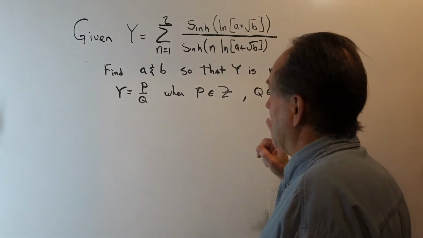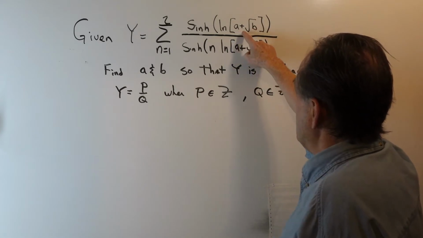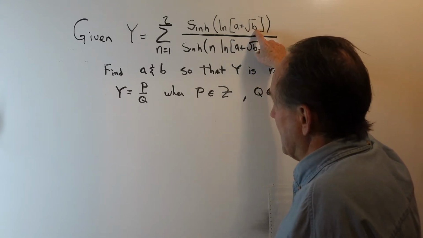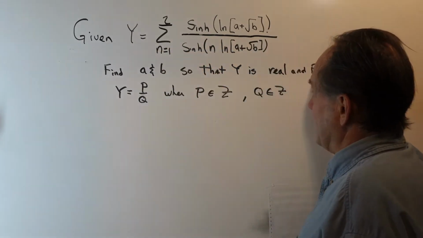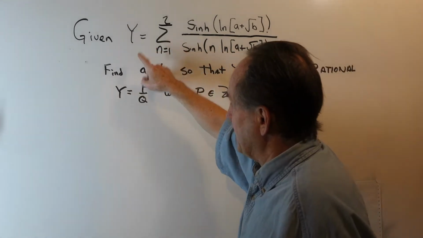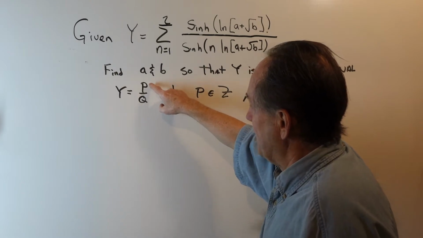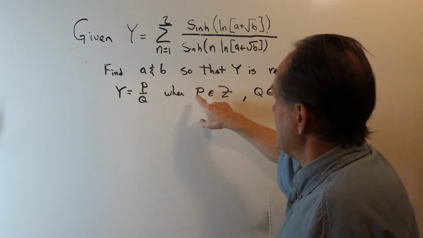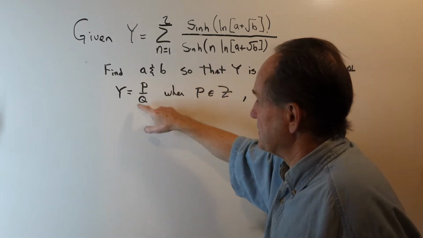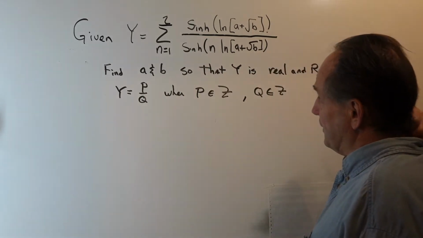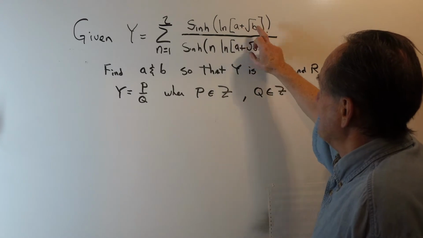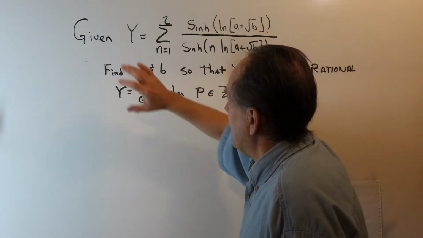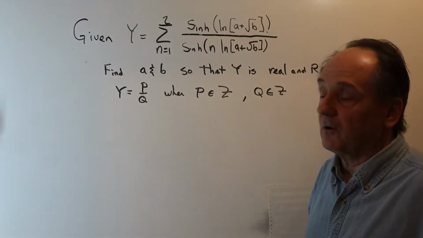And the problem is to find the a and b, if you can, so that y is real and rational. That is, y can be expressed in this form, p over q, where p and q are integers. That's what we mean by a rational number. So see if you can find values for a and b that will make y rational and real.